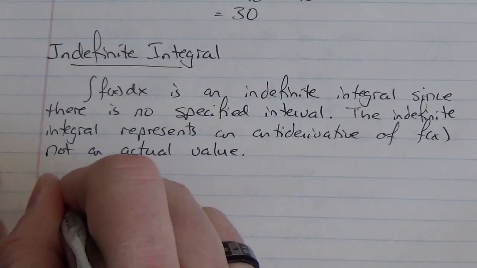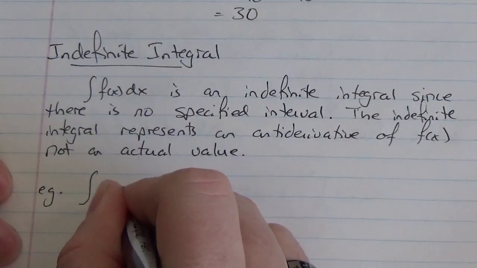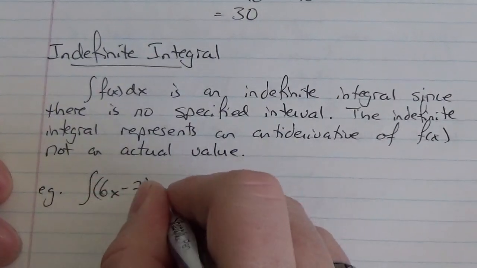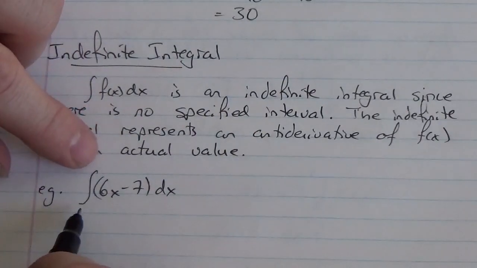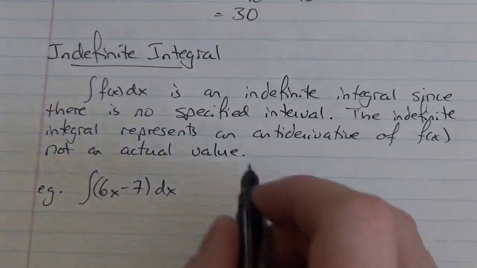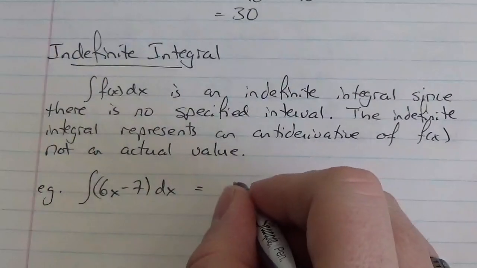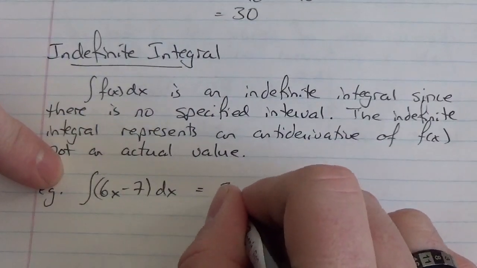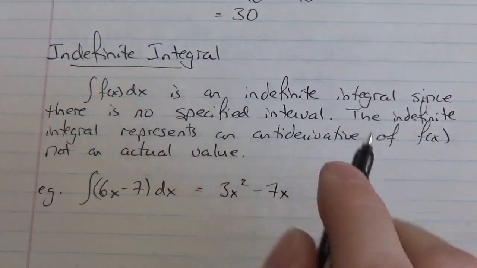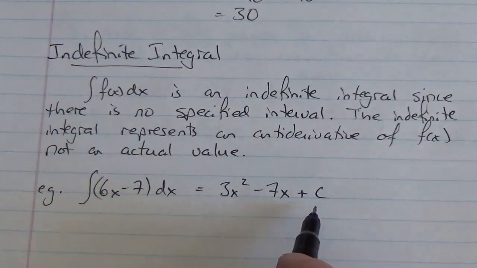So for example, if we go back up to what we had just looked at, if I had this written out, which is the integral of 6x minus 7 dx, with no limits given to my integration, then what this represents is just the antiderivative of that function. We've already established that was going to be 3x squared minus 7x, and in this case I really need to include that plus c.